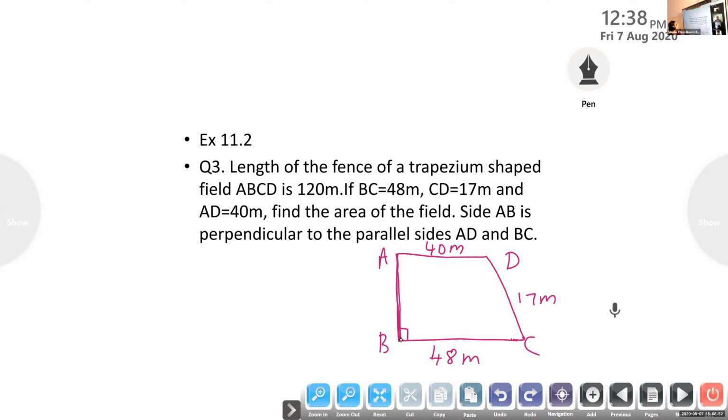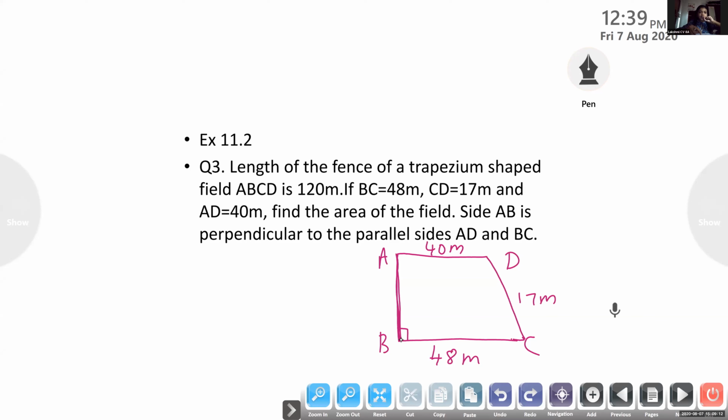Okay, Lakshmi, read the question. Length of the fence of a trapezium-shaped field ABCD is 120 meter.